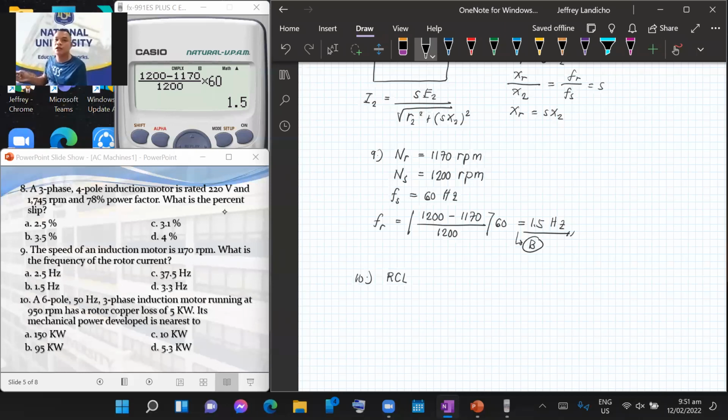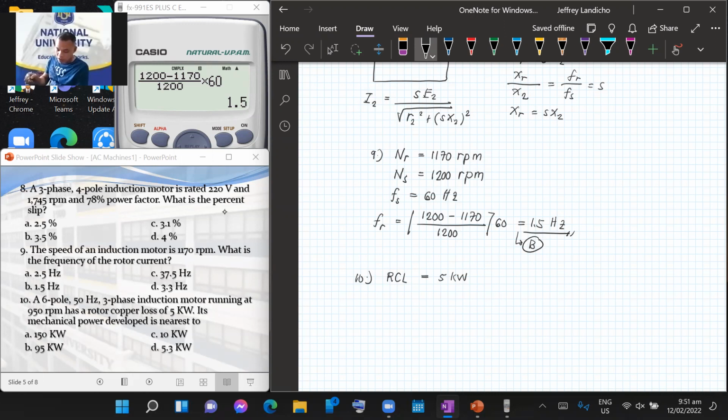Okay? So kung naka-per phase tayo, per phase lahat. No? So the rotor copper loss per phase is equal to 5 kilowatts.